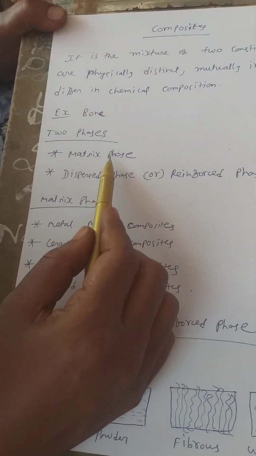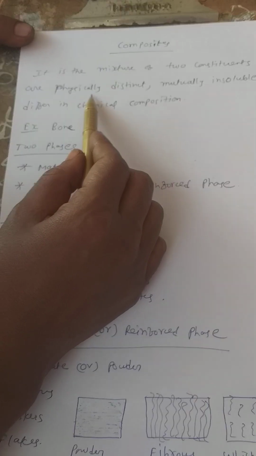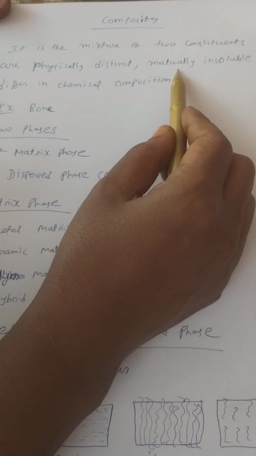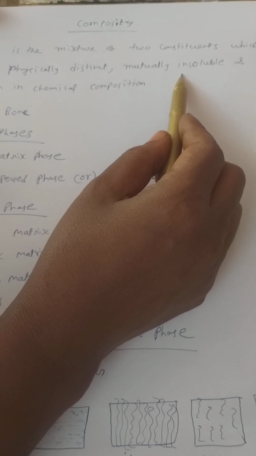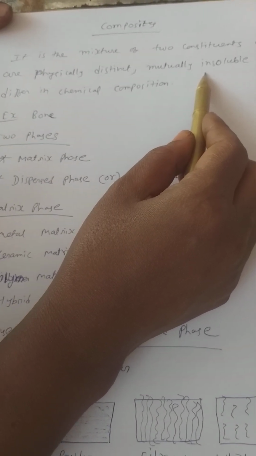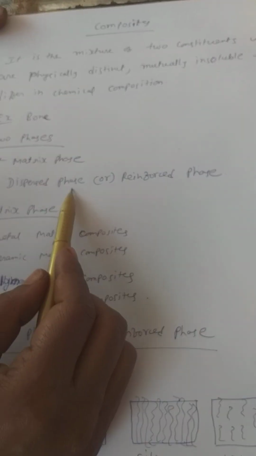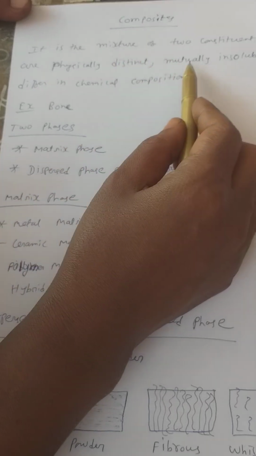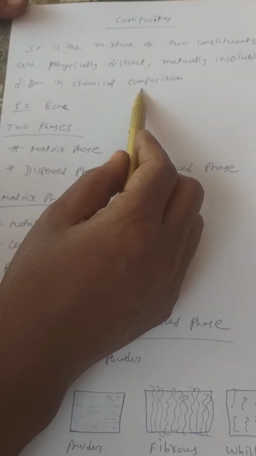Both the phases, the outer constituent and the inner constituent, must be physically distinct. That is, it must be heterogeneous, and it must be mutually insoluble. In the case of alloy, we mix metals in their molten state, which means in their fused state they are all mixed. But here, the two phases which are mixed are physically distinct and also mutually insoluble, and both differ in chemical composition.